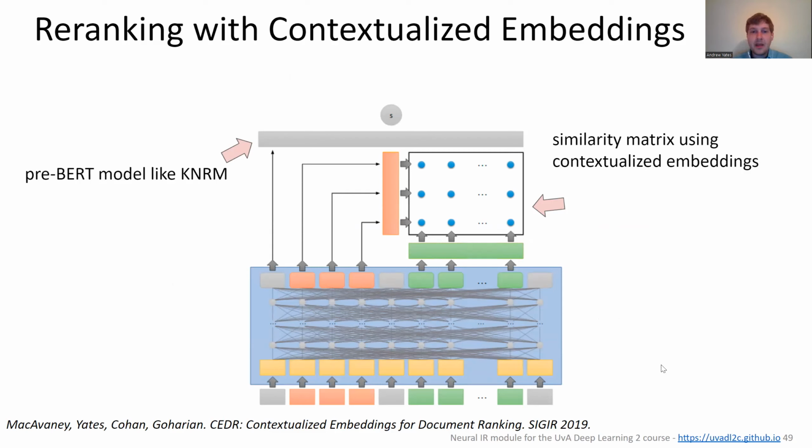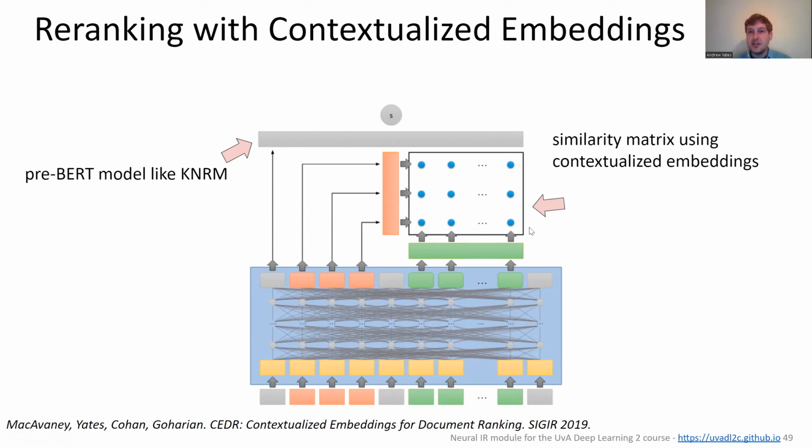So what we can do is essentially create contextualized embeddings with BERT. So we feed the query in, we feed the document in, and then we get some embeddings out, some query embeddings here, some document embeddings here. We construct a similarity matrix from those embeddings.